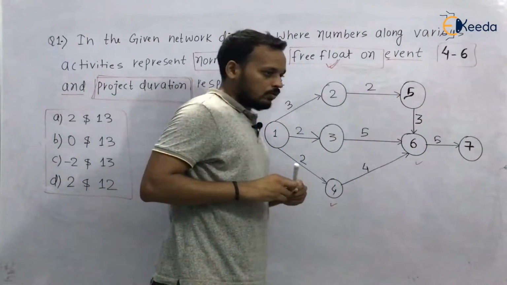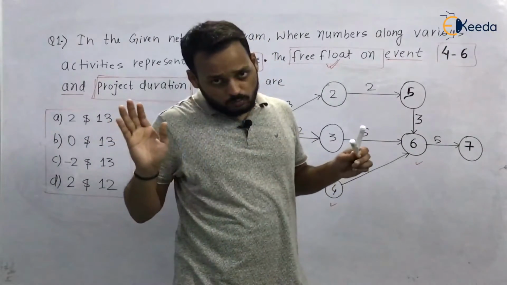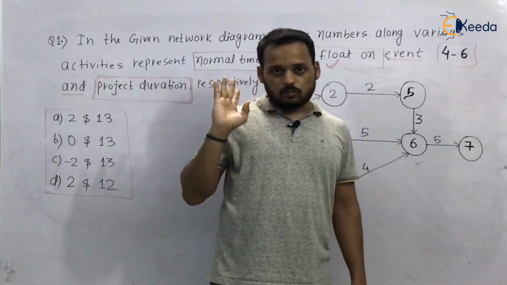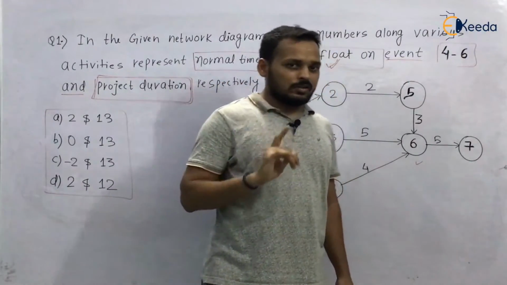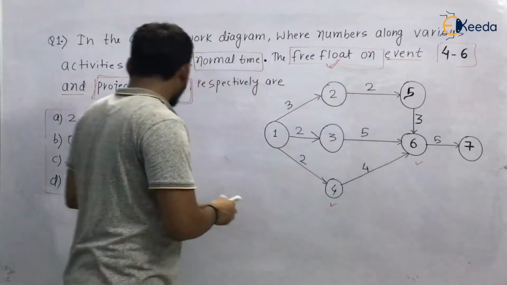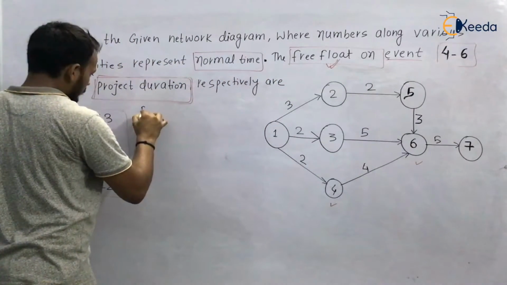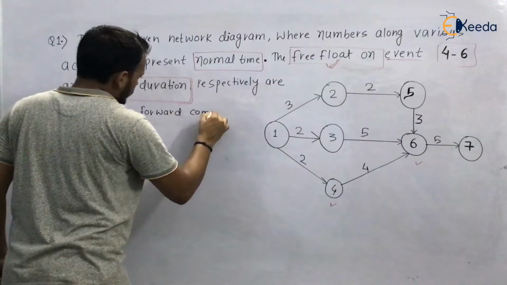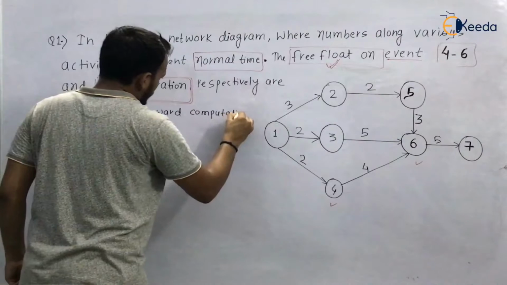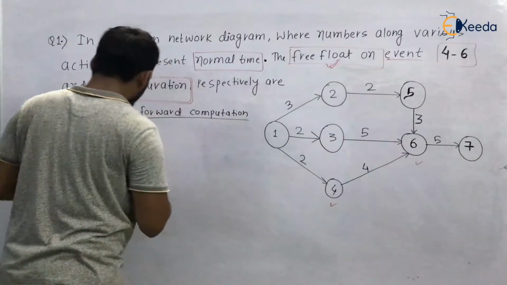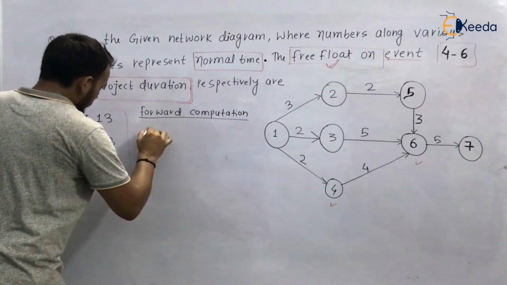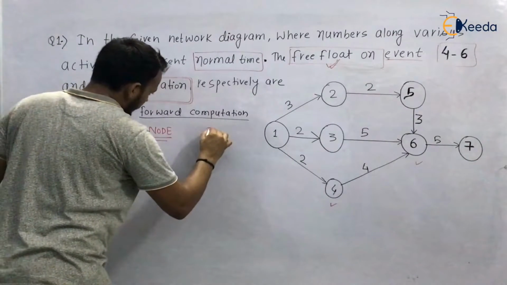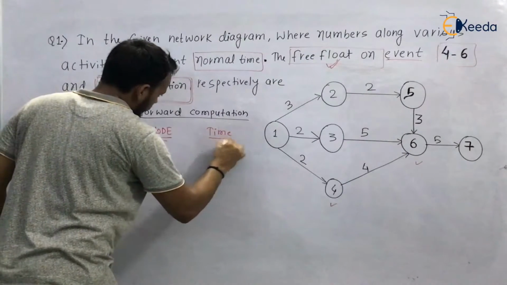So you know that for calculating any of the floats, we have to do forward computation and backward computation. So we will start with forward computation. We will make two columns. In one column we will write node, and in the second we will write the time.